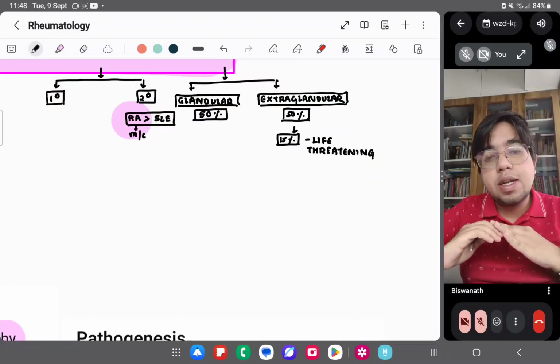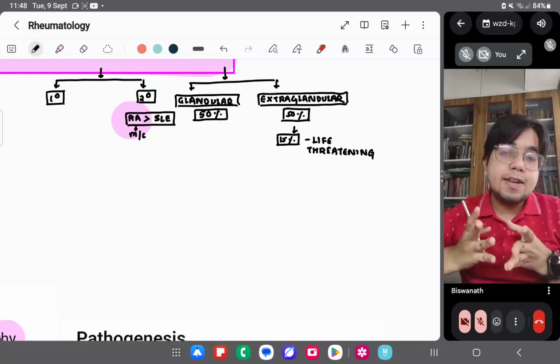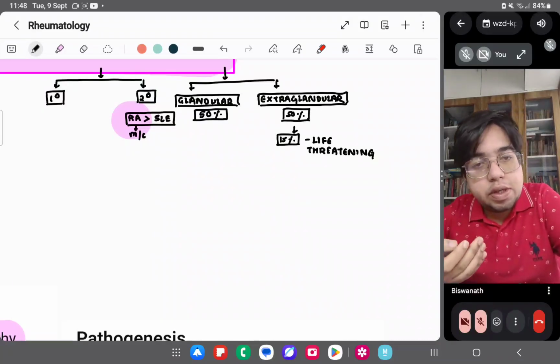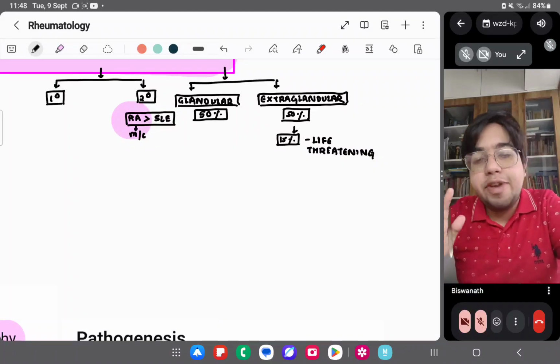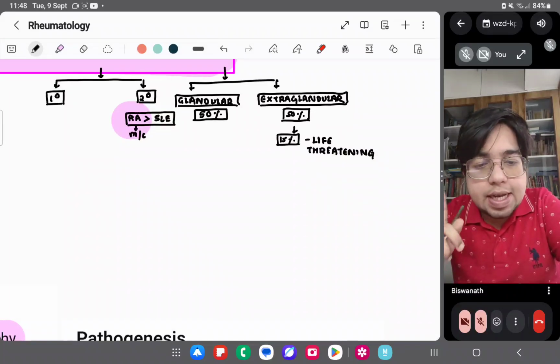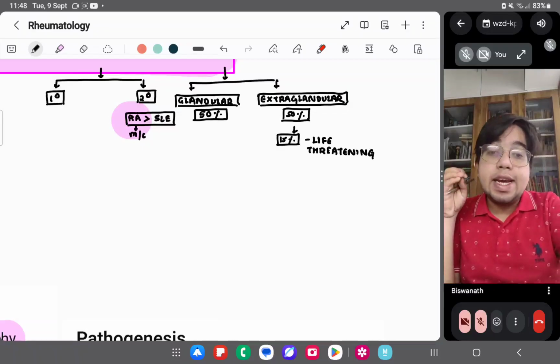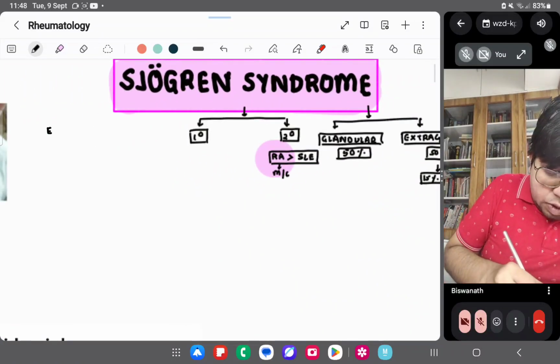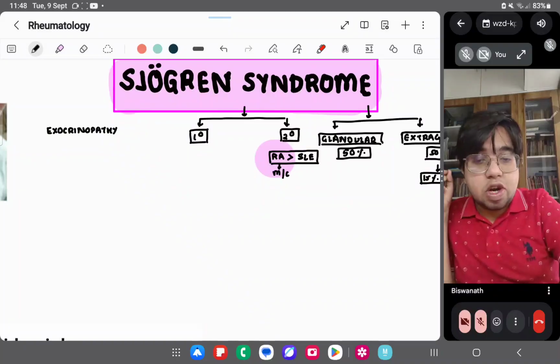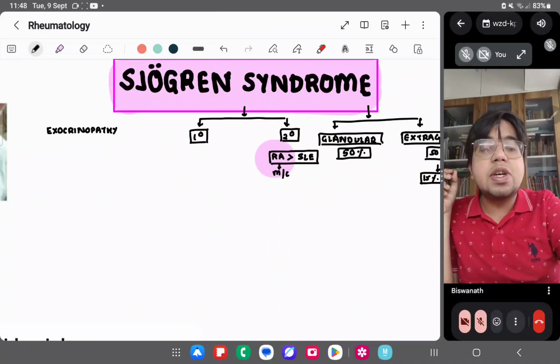Okay, you can consider a desert of secretions: dry mouth, dry eye, dry throat, dry vagina, everything dry. Okay, sicca symptoms. And it is an exocrinopathy, an autoimmune exocrinopathy.